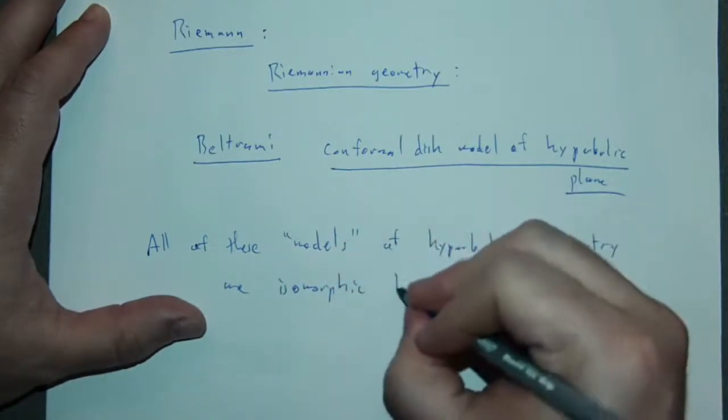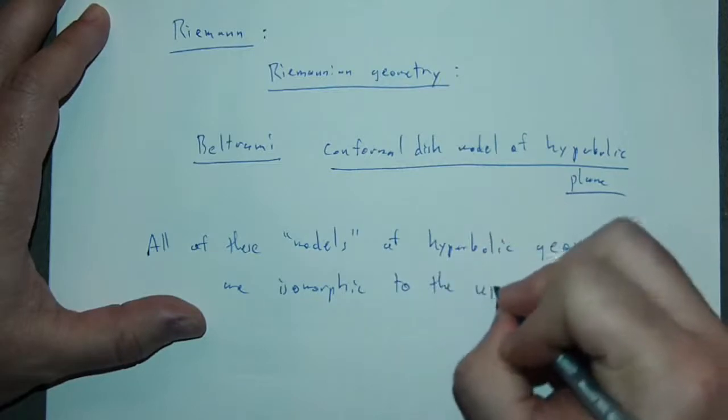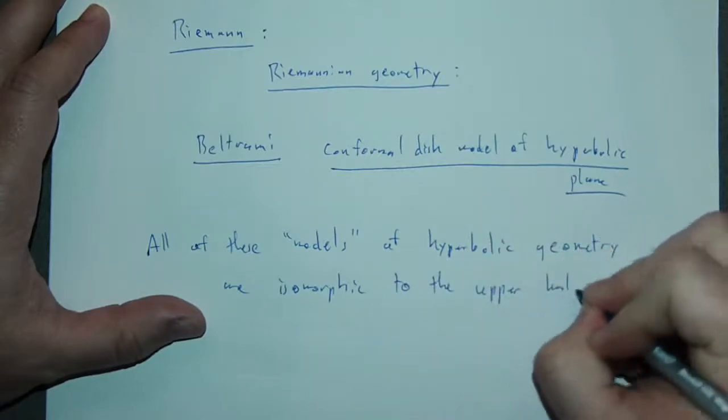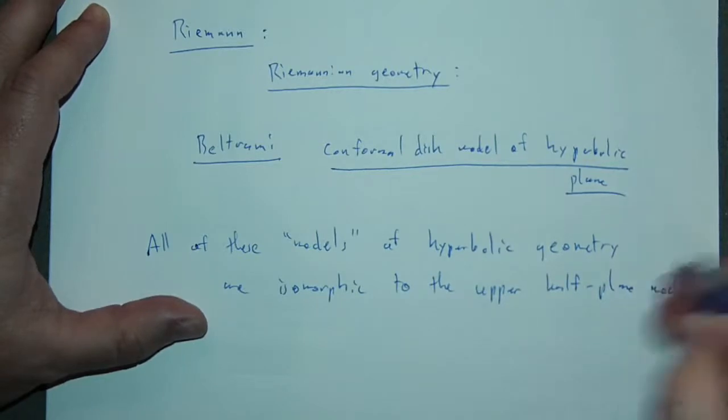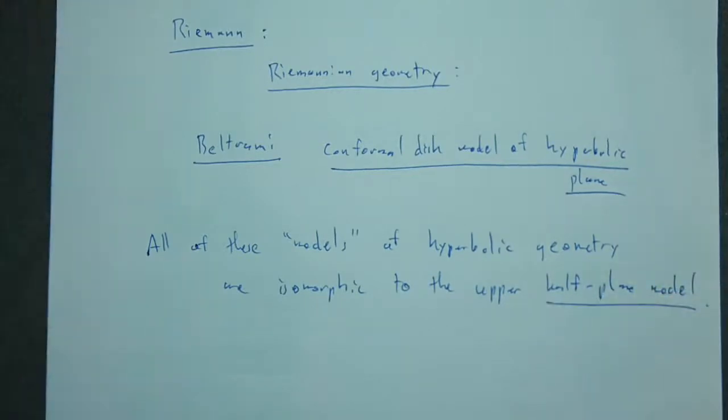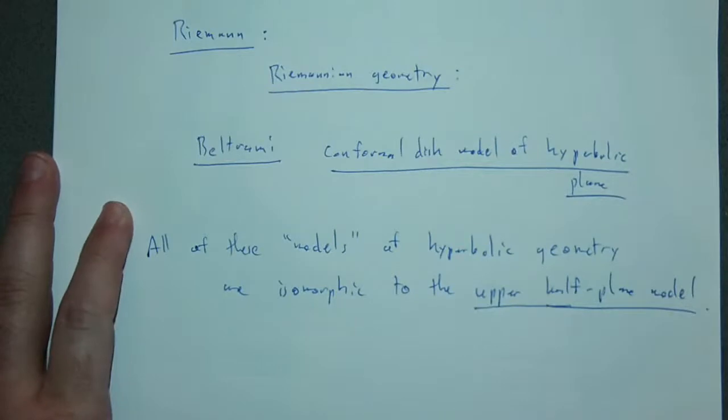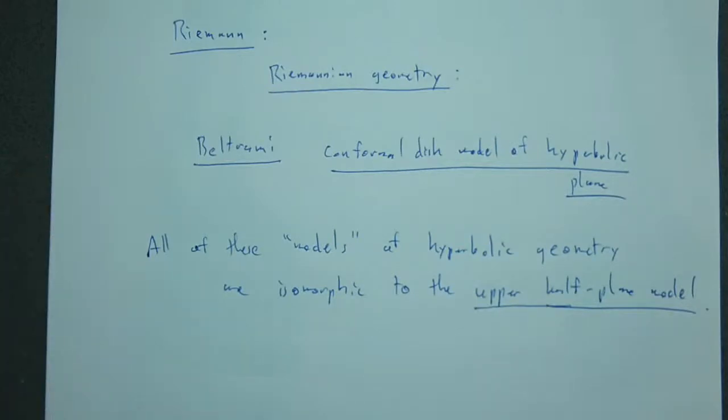And they're all isomorphic to the upper half plane model. So we use the upper half plane model, and that's perfectly fine because all these other models that we could have used, like the conformal disk model, which would have taken a lot more effort for us to develop, it's actually the same as the upper half plane model. So the upper half plane model is actually our best, most efficient example of this model space.